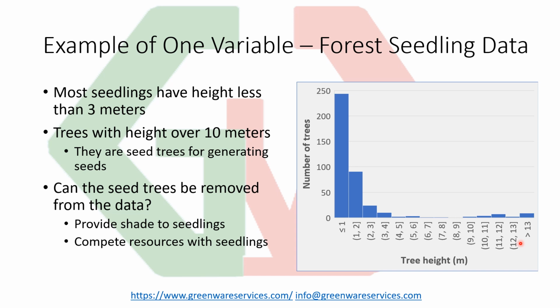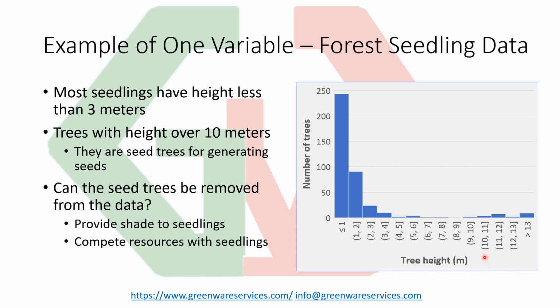So the question is, are those trees errors? First, we can check the metadata to see if anything explains those big trees. If not, then we can do some research on the forest harvest guidelines.